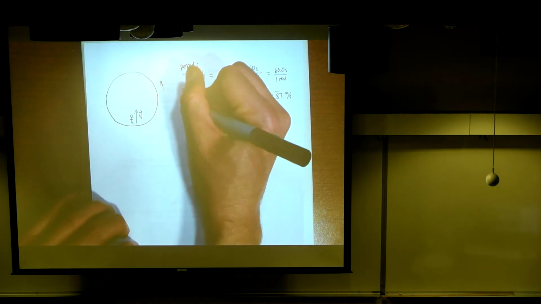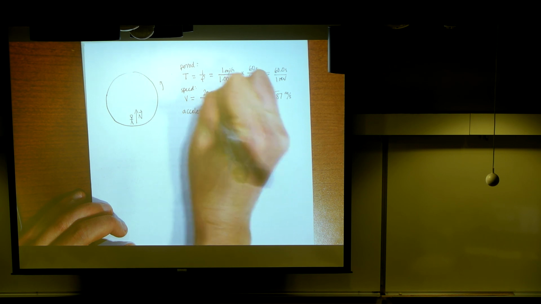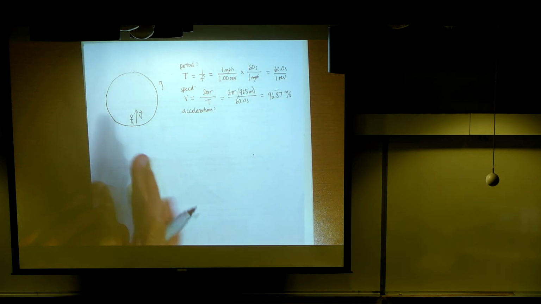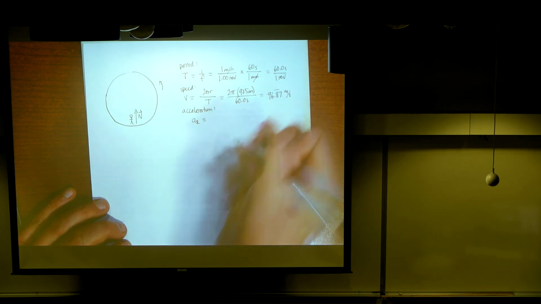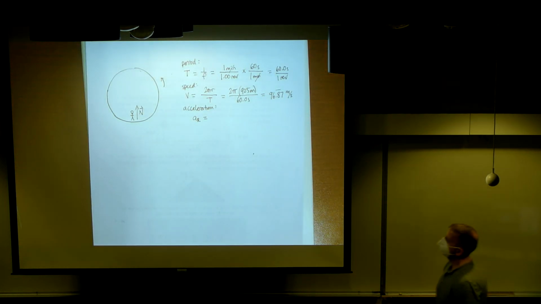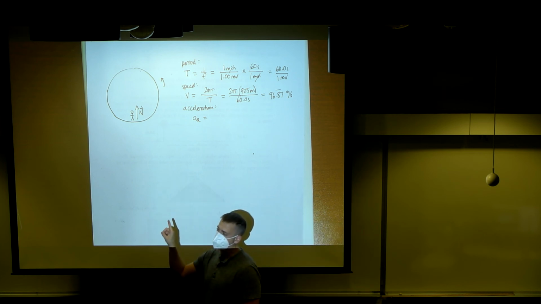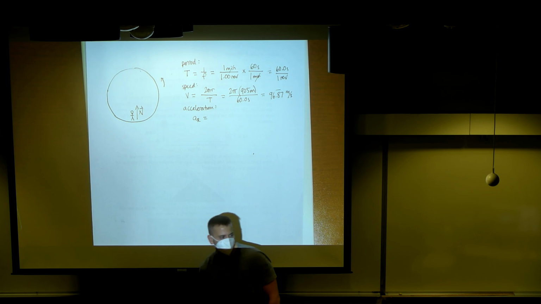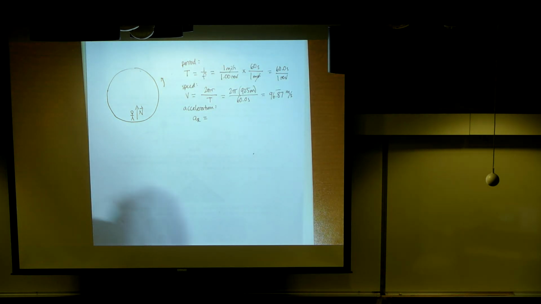Now let's calculate acceleration. I actually just want to put a number to this. So the acceleration in the radial direction, because remember, if you're moving in a circle, your acceleration goes in towards the center of that circle. That's why I'm labeling it as a_r.